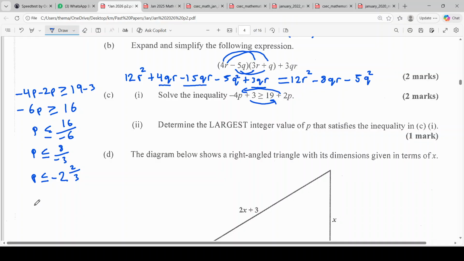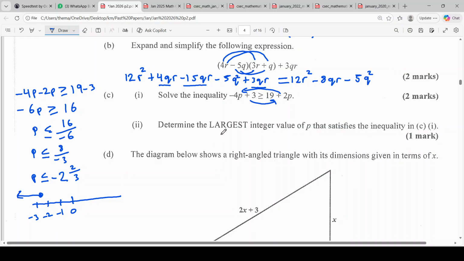If you can't see it offhand, let us just put it on our number line. 0, negative 1, negative 2, negative 3. p is less than or equal to negative 2 and 2/3. So negative 2 and 2/3 will be somewhere around here. We shade it because it's also equal to it. And it's less than, so it has to go to a smaller number, so you're going in that direction.